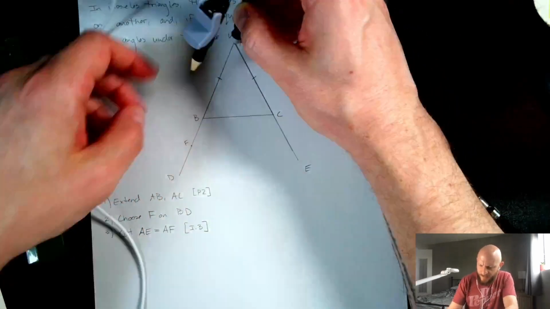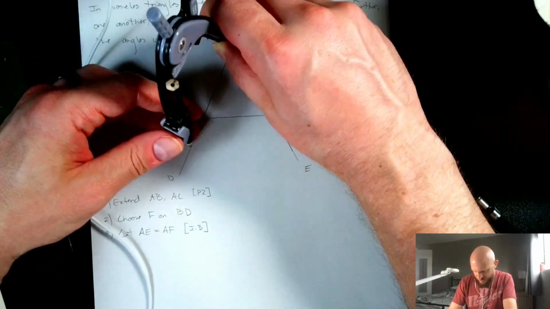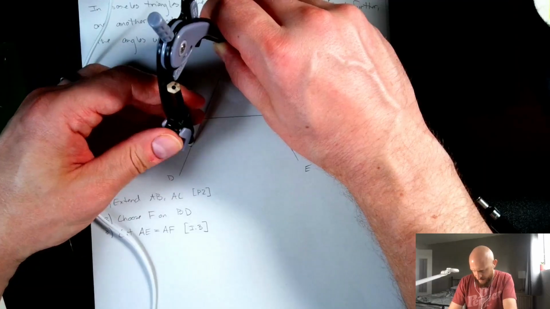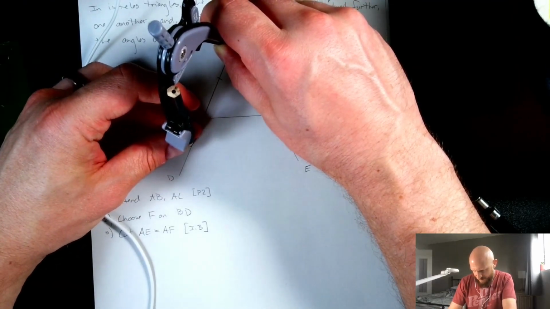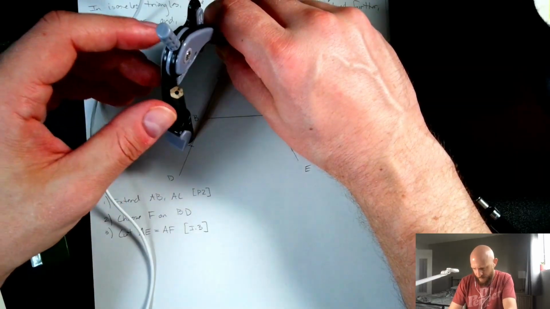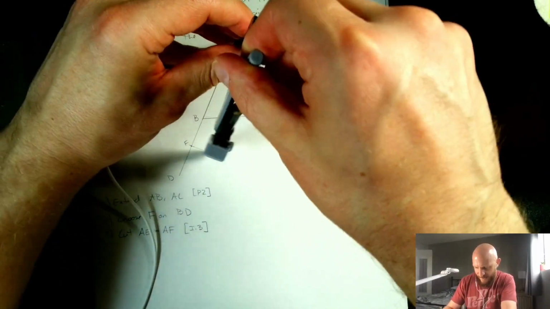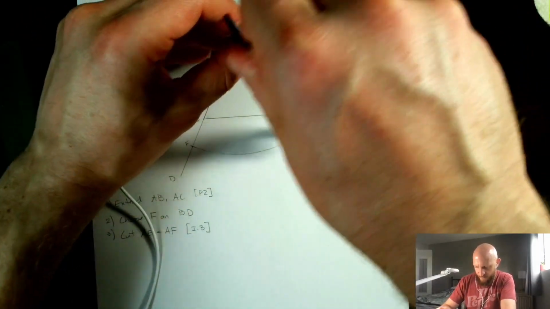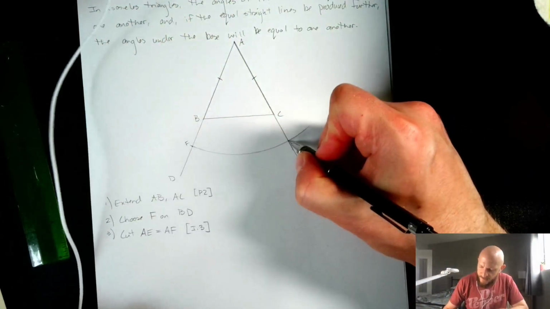Although personally, I feel that citing a proposition there is maybe overkill. Maybe I'm oversimplifying things, but it seems to me that all that we really have to do is make a circle with center A and radius AF to create AE.